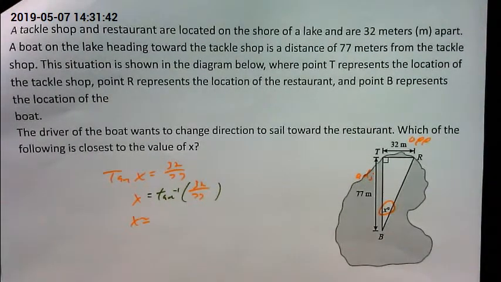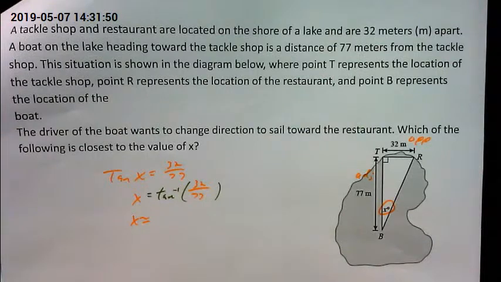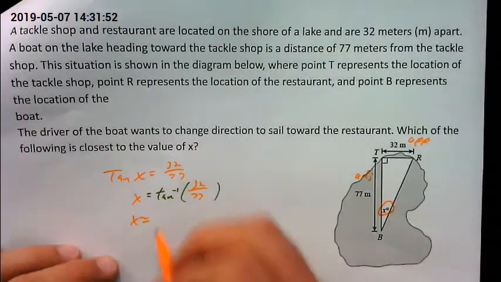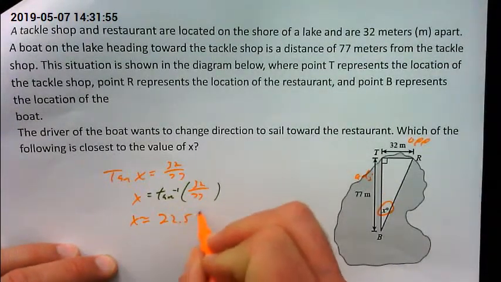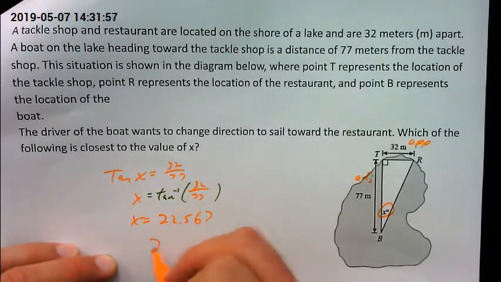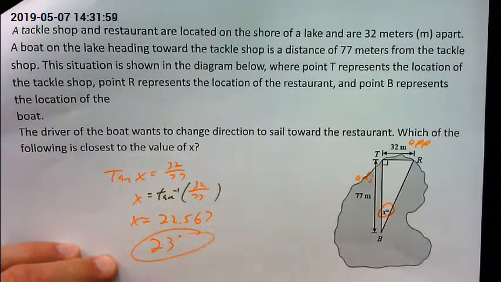Normally for angles they usually have you round to a whole number. Inverse tangent of 32 over 77 is roughly 23 degrees.